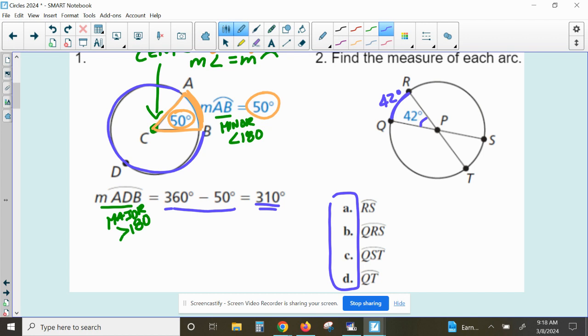What else can we get from this picture, though? Vertical angles, excellent. We have an X. I'm going to put a little note that this is vertical angles, so we remember vertical angles are congruent. So we know the other side is also 42 degrees, which makes this arc out here be 42 degrees, right?